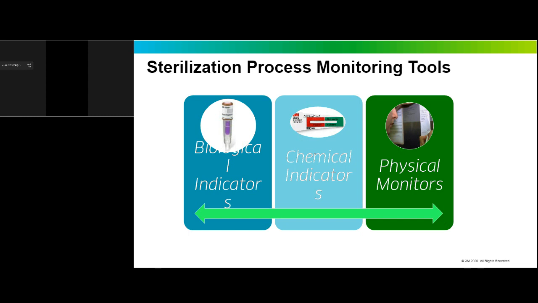And finally, there are physical monitors, so the gauges or printouts, or nowadays maybe a USB device on the sterilizer itself. And evidence from each of these tools helps us know whether the sterilization process was effective and to make a good decision about whether to release a particular load. And conversely, if any of the monitoring tools indicates a problem with the sterilization cycle, then you would not release the load.